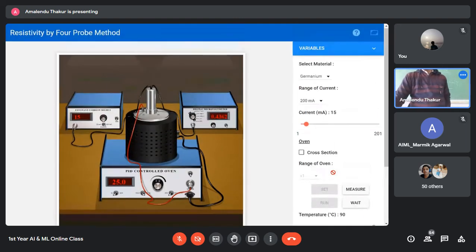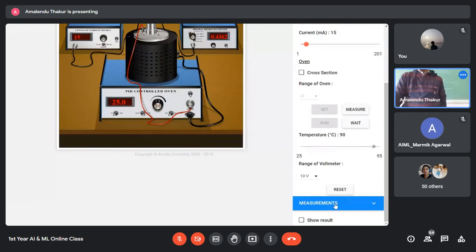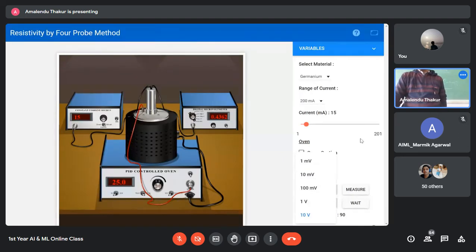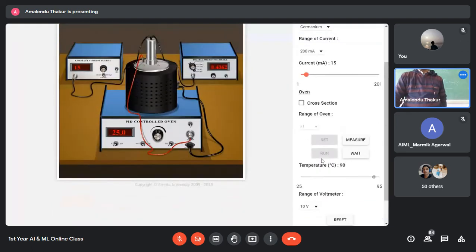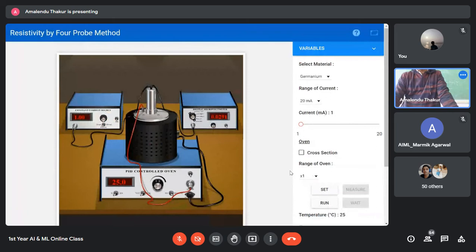What happened? The software is disturbed somehow, anyway, just wait. Germanium range 200.